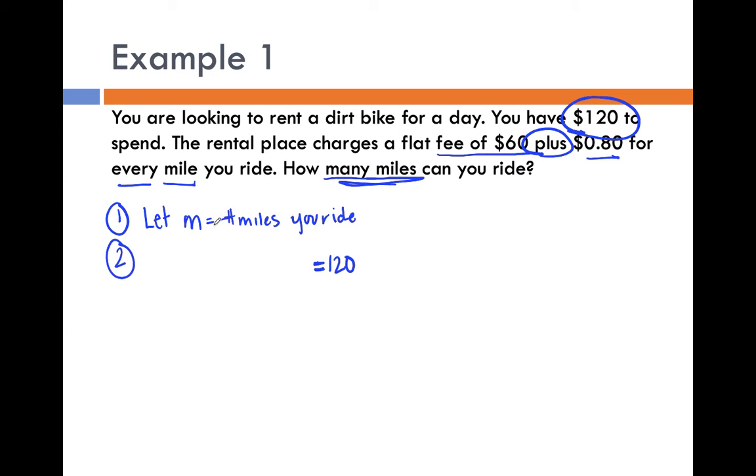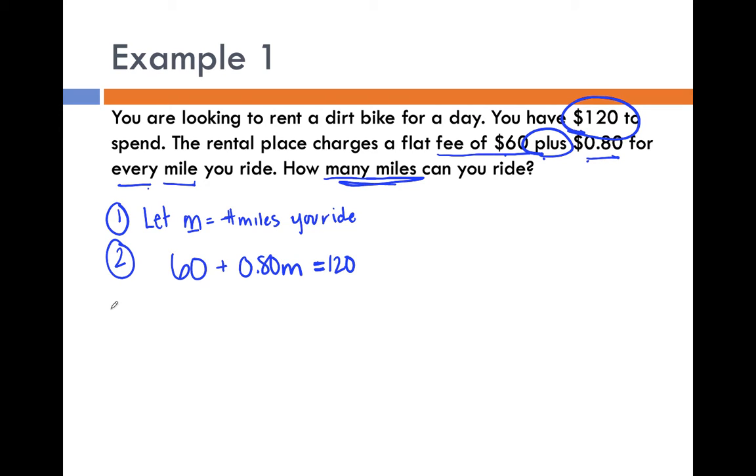So we're basically translating this into an algebraic equation. $60 plus, just like it says in the problem, and then 80 cents for every mile. Well, we don't know how many miles, so we use the letter M to represent the number of miles. And 80 cents for every mile is 80 cents times the number of miles you ride. That's how you would calculate that dollar amount. So here is the equation that you have to write: 60 plus 0.80 M equals 120.